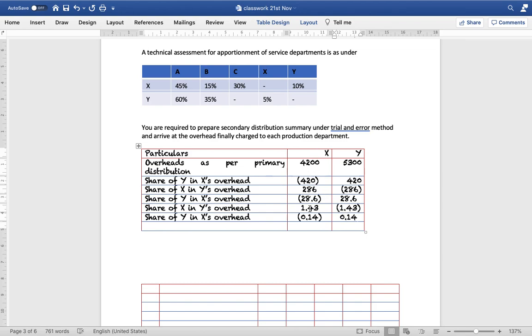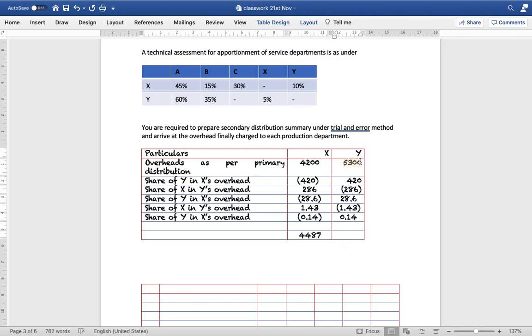Now you have to add those things which are not in the bracket. So 4200 plus 286 plus 1.43, it comes to 4487.43. So we keep it as 4487.